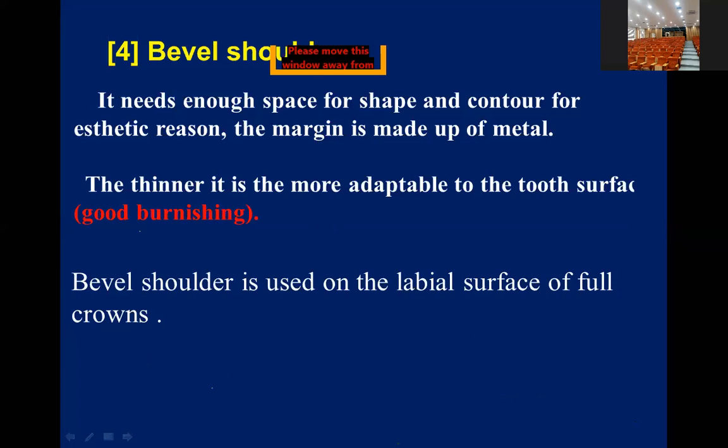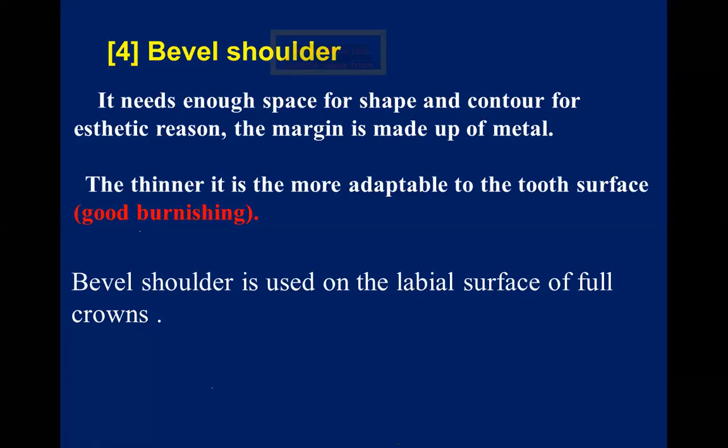Bevel shoulder is used on the labial surface of the crowns whenever we want to do a facing. That means the ceramic is going to be put on the labial surface only. What do we mean?